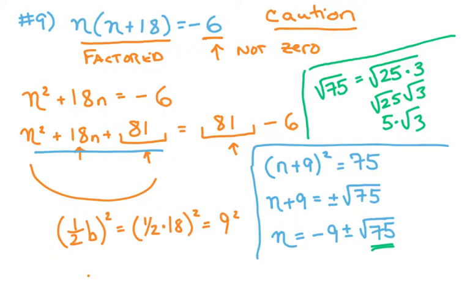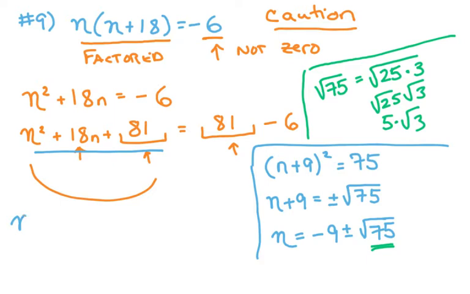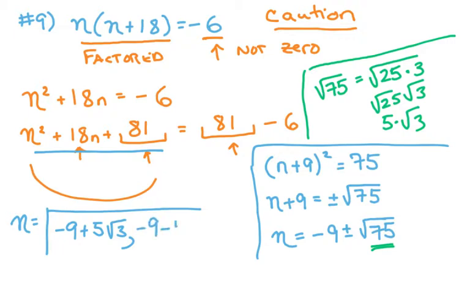Just to be clear, I'm going to reduce that radical and write my answers as n equals negative 9 plus 5 times the square root of 3, comma, negative 9 minus 5 times the square root of 3.